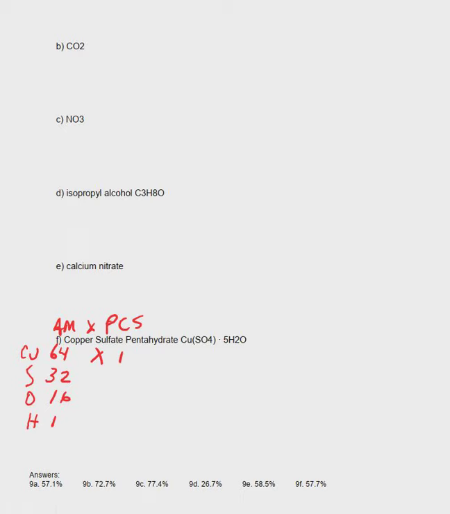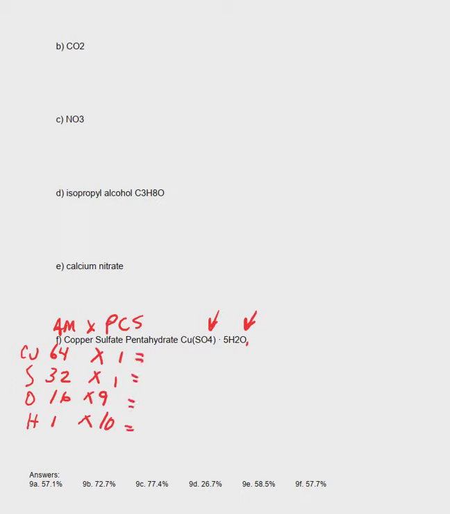Sulfur, again, 1. And O4 is 4, but we also have 5, so there's 9. Remember, there's hidden ones, 5 times 1. And then hydrogen, it'd be 5 times 2. Yeah, sorry, I had to think for a second. So hydrogen is 10.